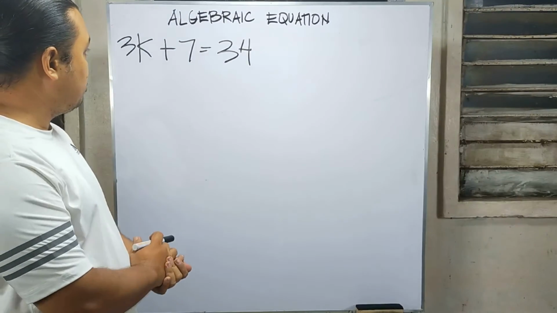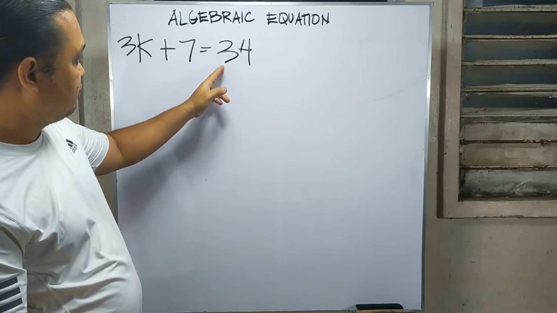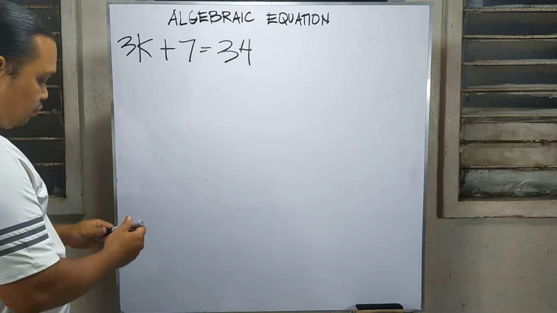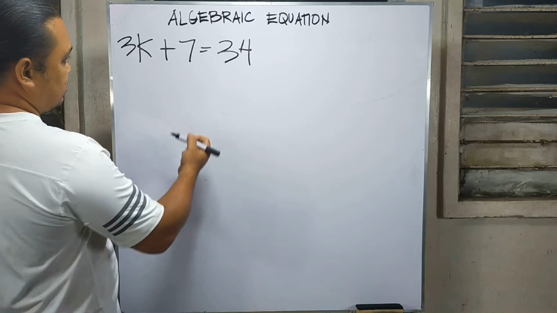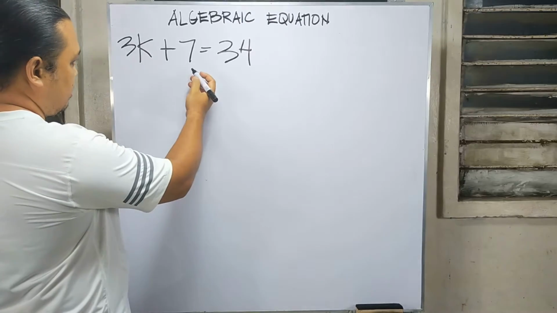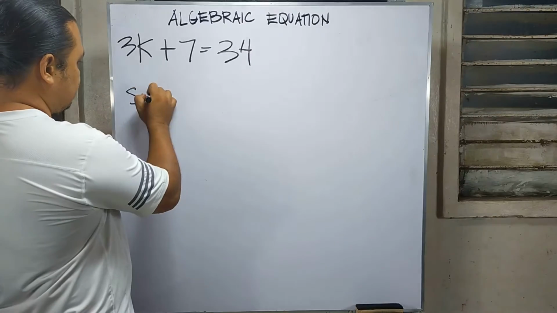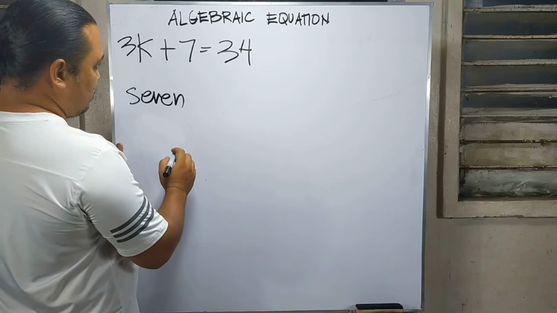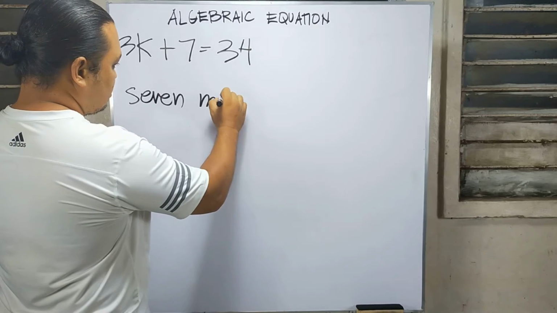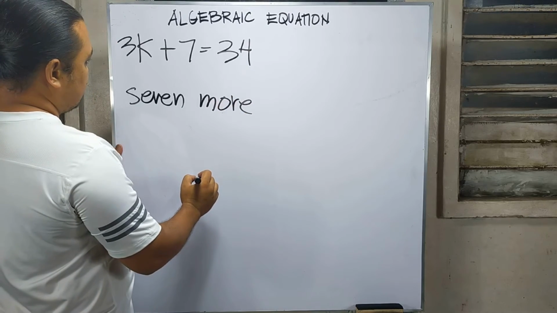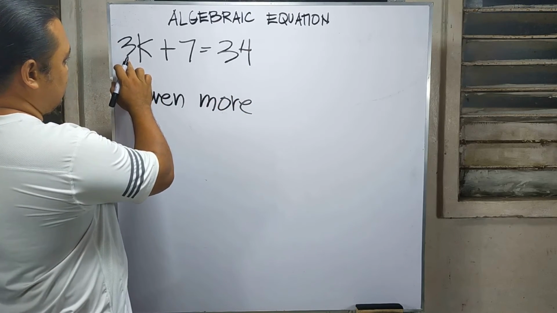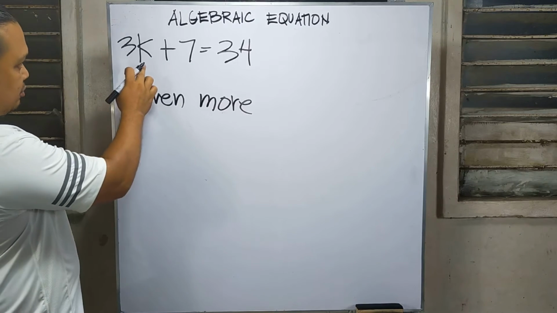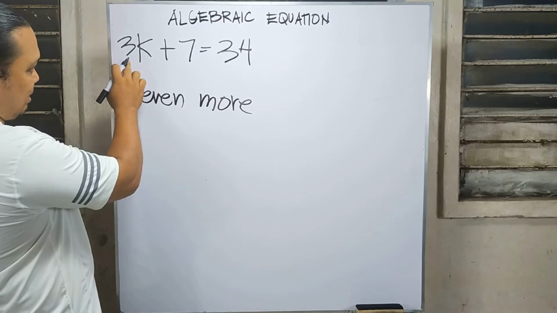Here for our next example, we have 3k plus 7 equals 34. Let's change this into a word phrase. We can also start here from 7. If we're going to start from 7, we can say 7 more, because we are going to add 7 more than 3 times, that is the 3 here, 3 times a number, because k here is our variable, it's a number, and it's being multiplied by 3.